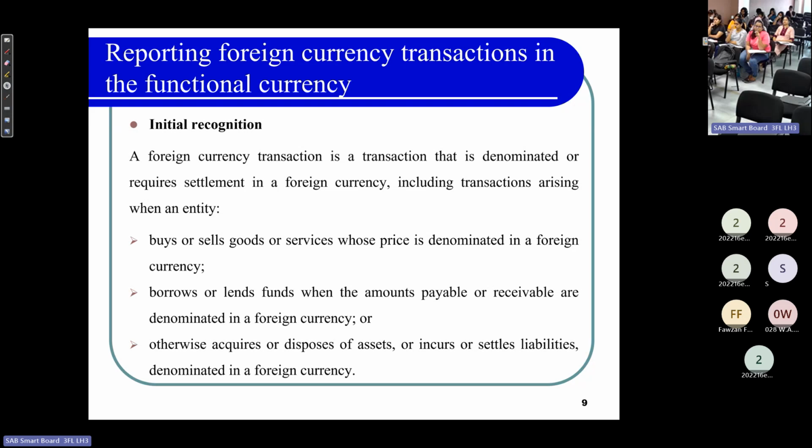Right. Initial recognition. We did it. At the date of transaction, how are we going to recognize that? Look at this.